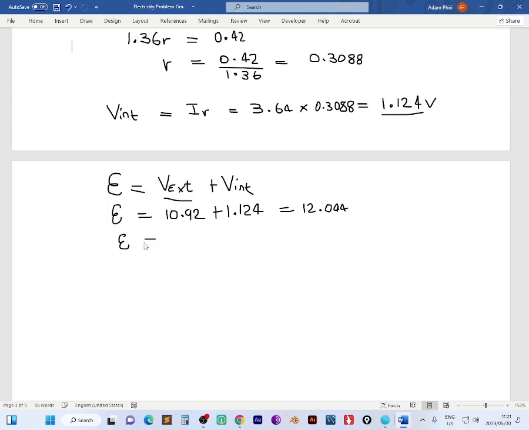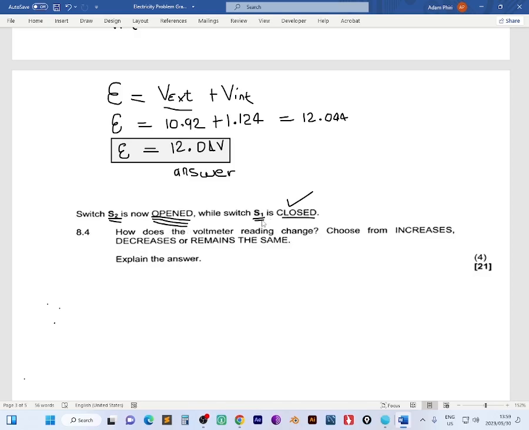So that is it. Rounding up to 2 decimal places will give us 12.04. So that's our final answer. That's our electromotive force. The unit there is V for voltage. And yeah, so that is probably the answer to 8.3.